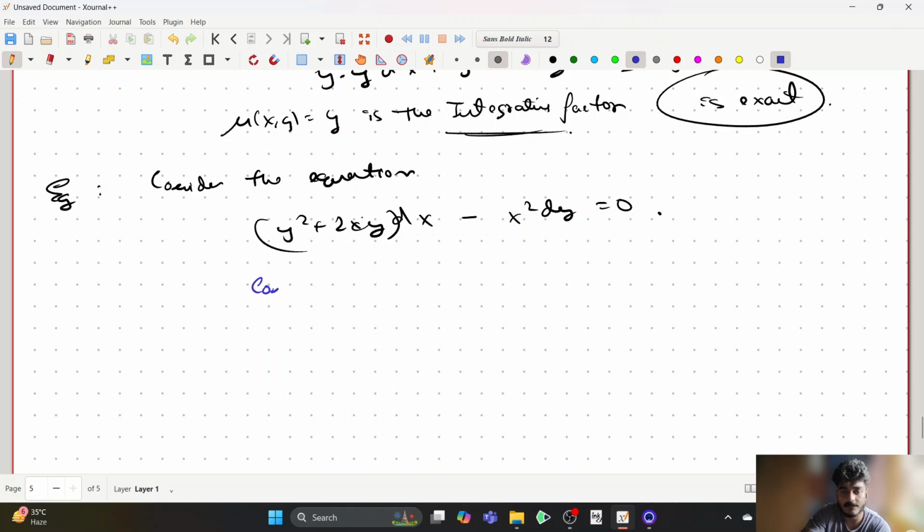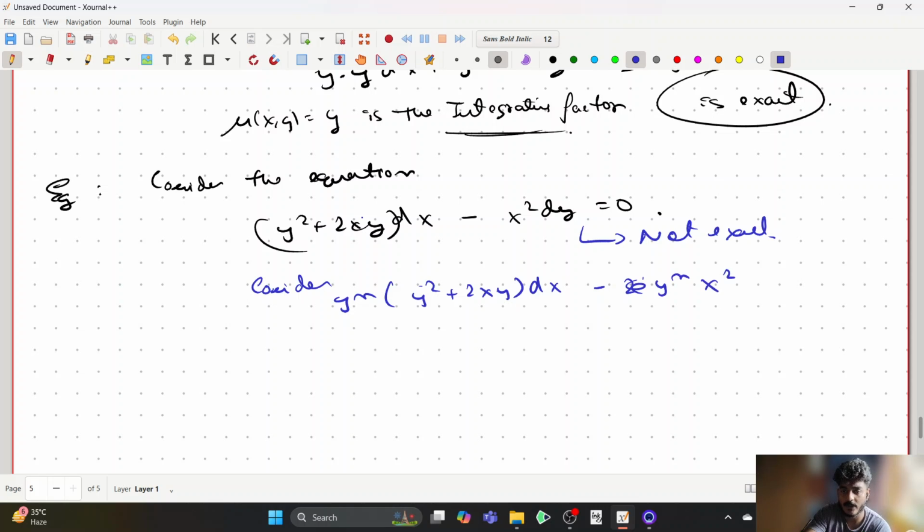So this is not exact, that is something you can check on your own. So consider multiplying this with y to the power n. So consider yⁿ(y² + 2xy) dx − yⁿx² dy = 0.